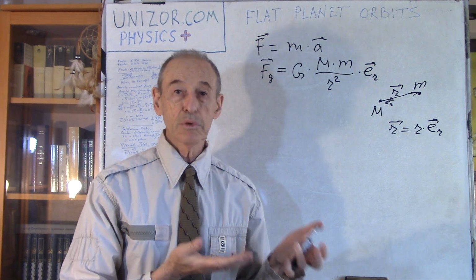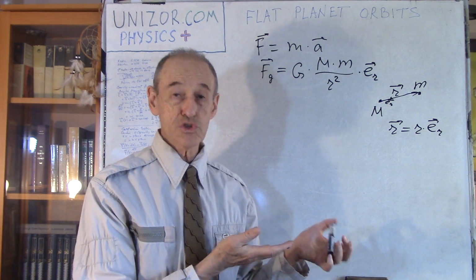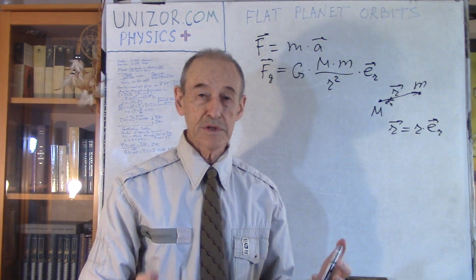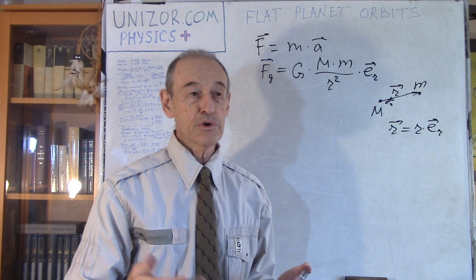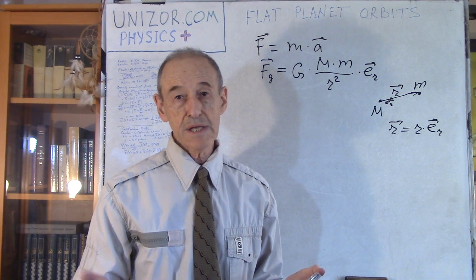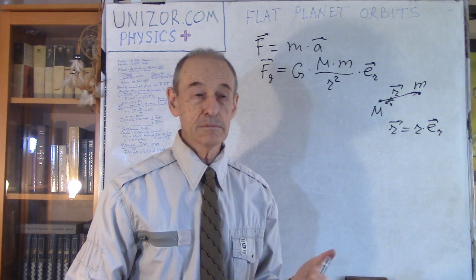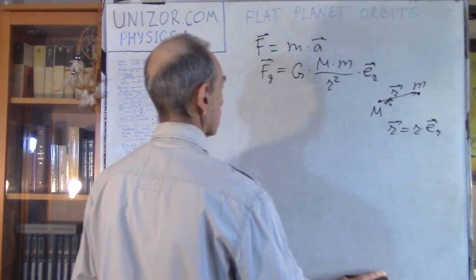And that's what we will devote this particular lecture to today. It's a very short proof, but I wanted to discuss all these details before because it's important. I mean, before you prove that this is an ellipse, let's just talk about the fact that this is all in one plane. So this is the first quality of the planetary movement which we would like to address.